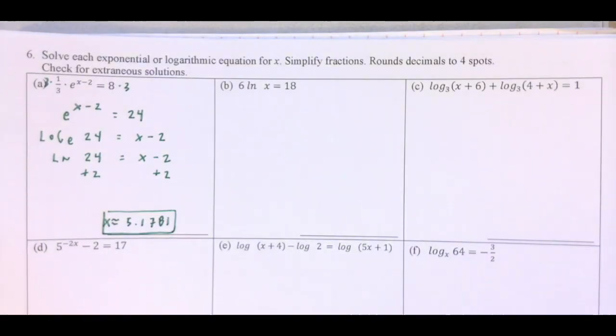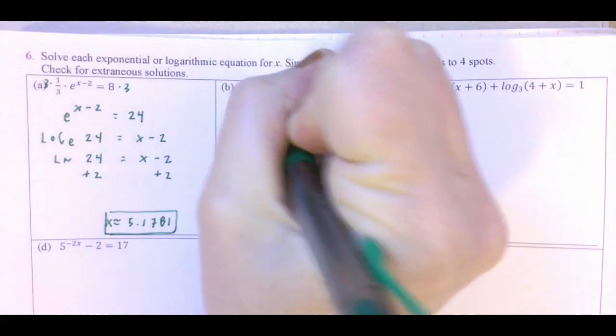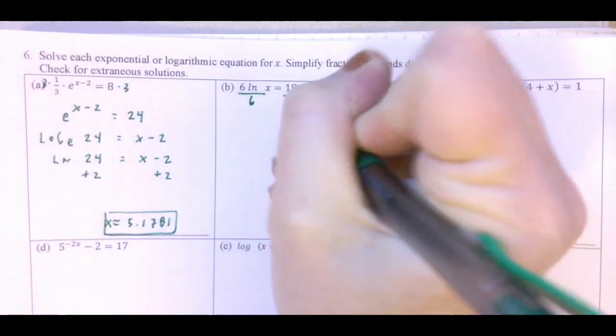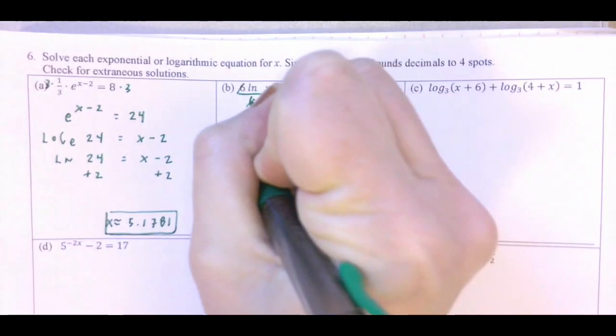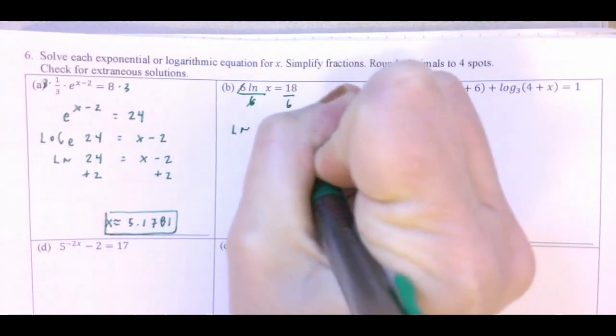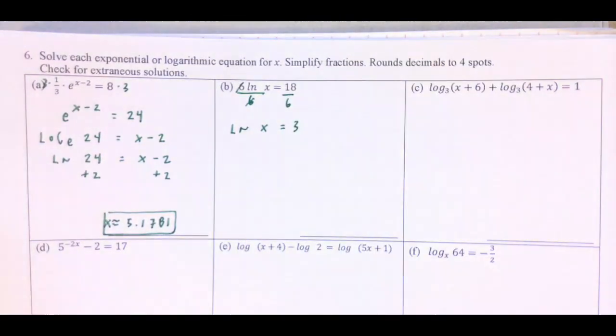Okay, next one, b. Here I see 6 times the natural log of x equals 18. So my first instinct is to divide that 6 away, to get the natural log of x by itself. But now I'm stuck. I can't type that into my calculator.